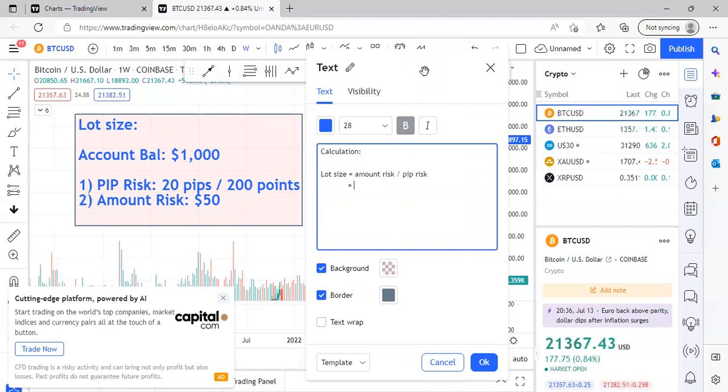What's the amount we want to risk in the market? That's $50. We are not risking more than $50 of our account. So your $50 divided by your pip risk, or your points.